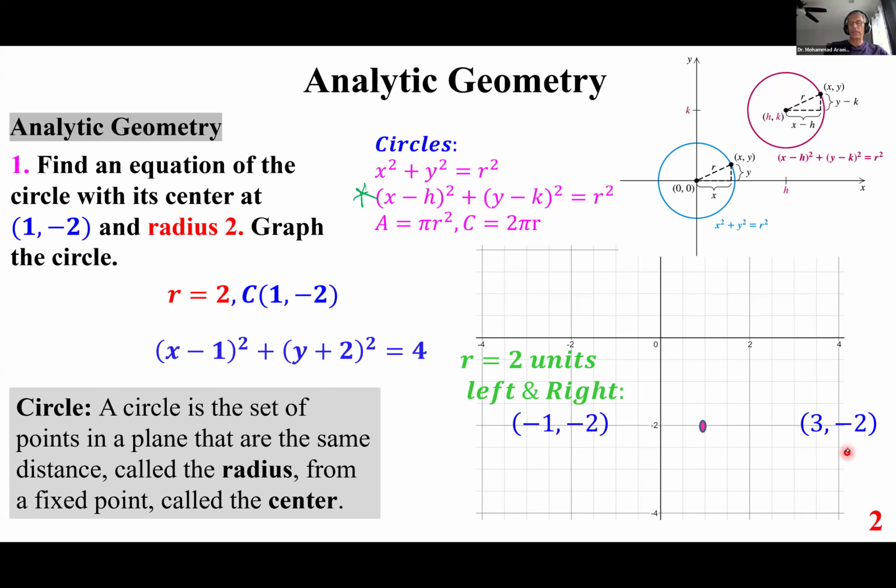Now going up and down by 2 units. So going back to the center, (1, -2), we're going to go up by 2, down by 2. If we go up, we add 2, this becomes 0, so (1, 0). If you go down, it becomes -4. And those are the points.